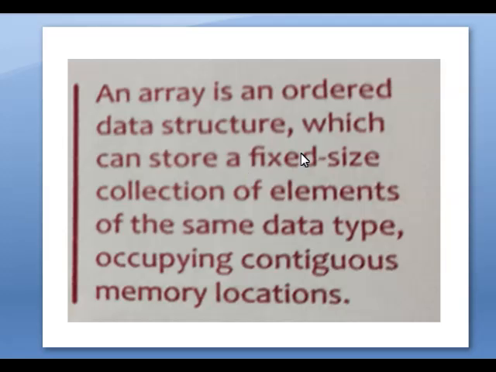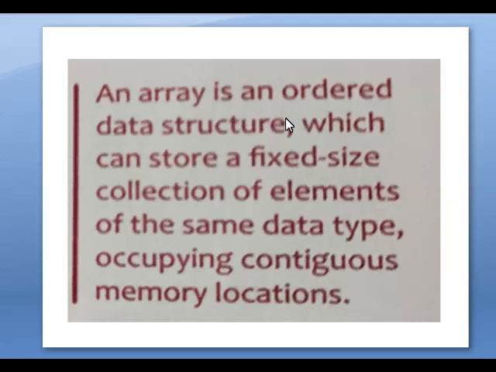First of all, we are going to see what is an array. An array is an ordered data structure which can store a fixed size collection of elements of the same data type occupying contiguous memory locations. So array means a memory location. It can store data of the same data type.